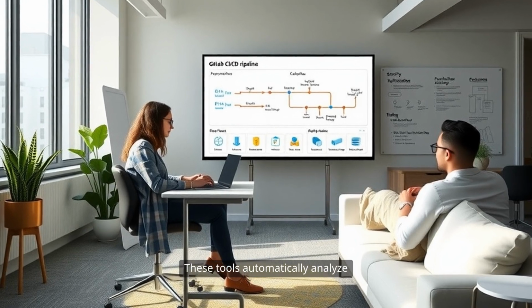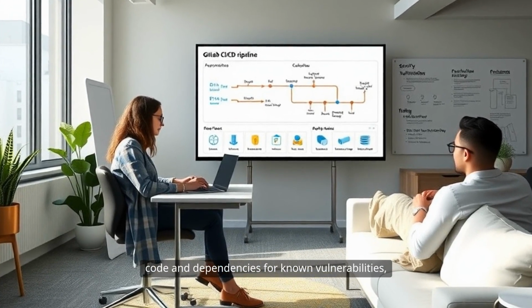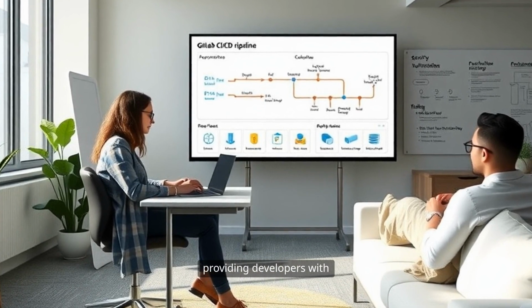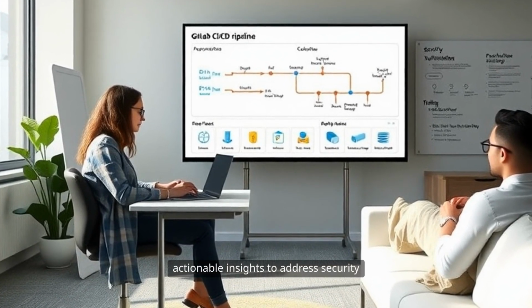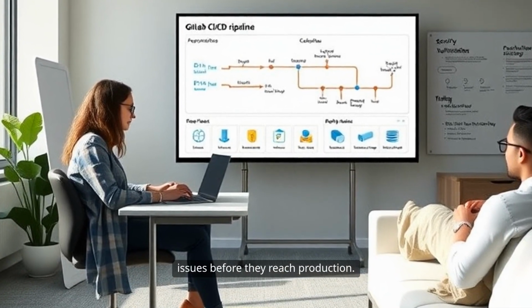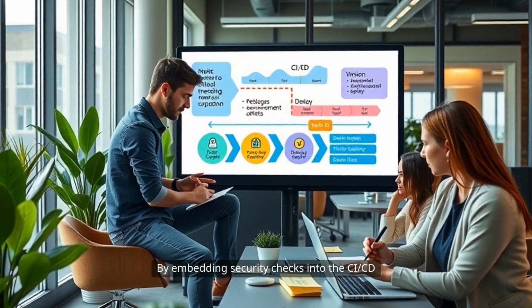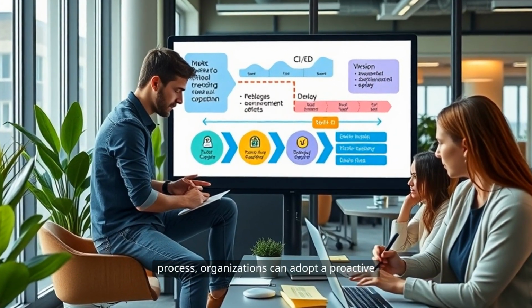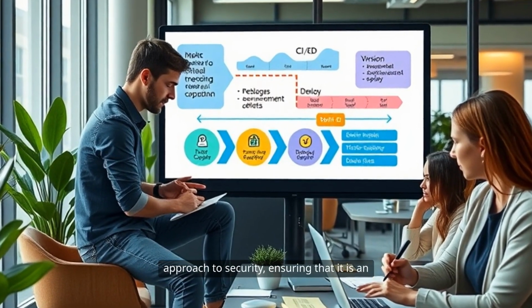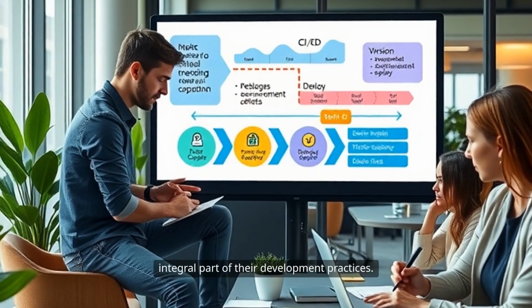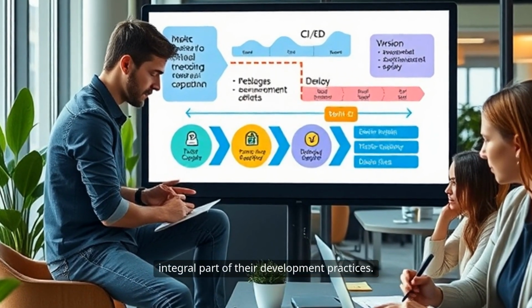These tools automatically analyze code and dependencies for known vulnerabilities, providing developers with actionable insights to address security issues before they reach production. By embedding security checks into the CI/CD process, organizations can adopt a proactive approach to security, ensuring that it is an integral part of their development practices.